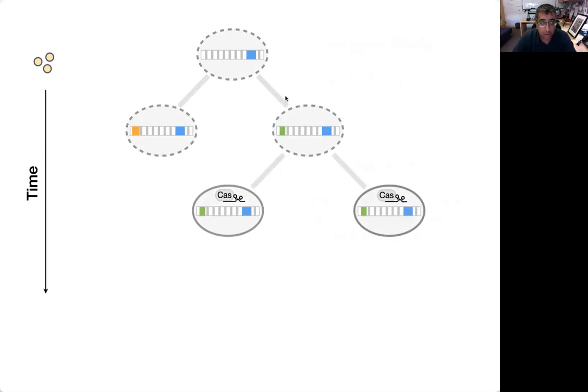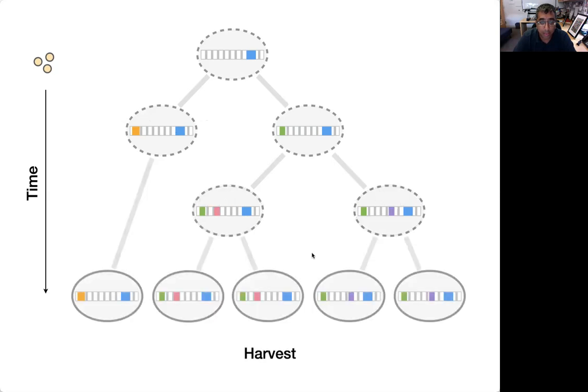And because different mutations accumulate in different sub-branches of this overall tree, as time goes on, one can at the end sequence these barcodes and try to relate cells to one another based on the edits that they share at this barcode.